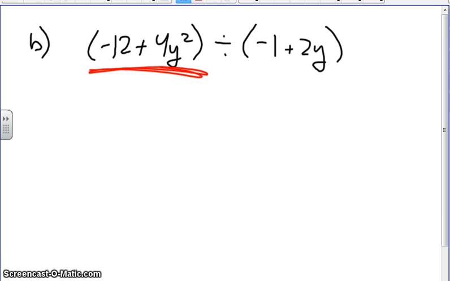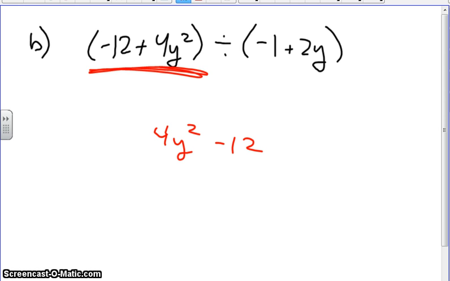Quadratic, right? And usually with quadratic equations, we have trinomials, right? So there's something a little extra different about this, but let's start by putting it into decreasing exponent form, or standard form. So the first term would be, Oscar? 4y squared minus 12.